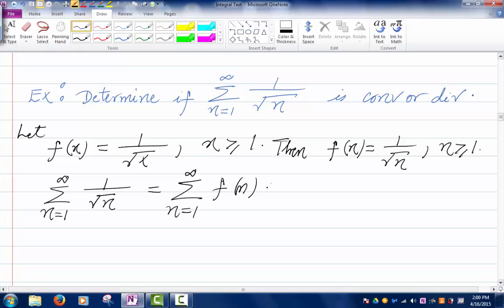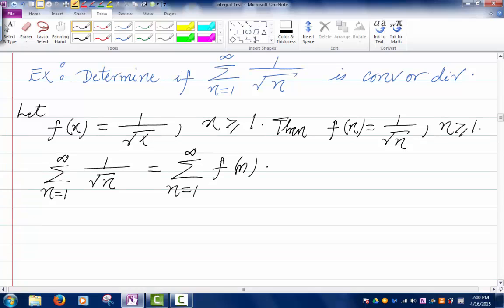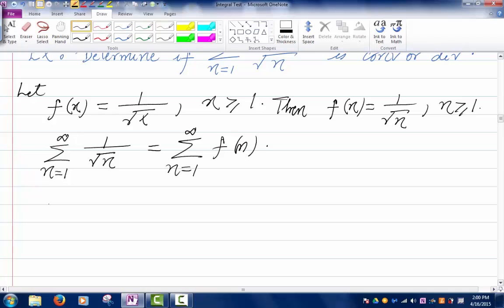So now think about the function f. Is it continuous? Is it positive? Is it decreasing for x larger than or equal to 1? The answer is yes. The function f is continuous, positive, and decreasing for x bigger than 1.